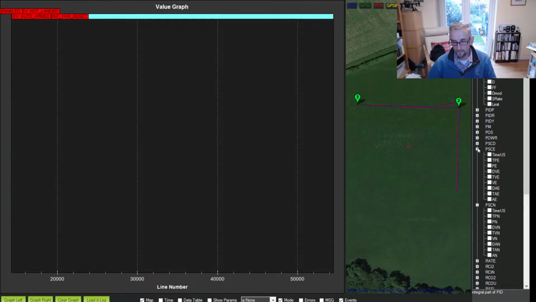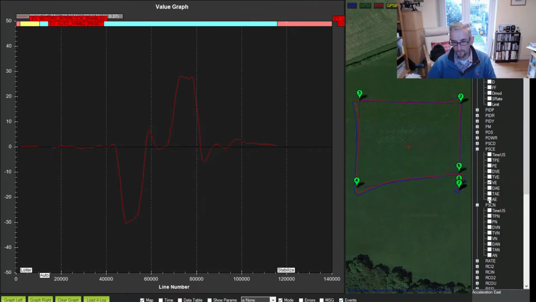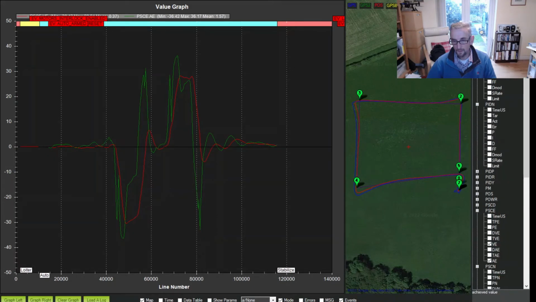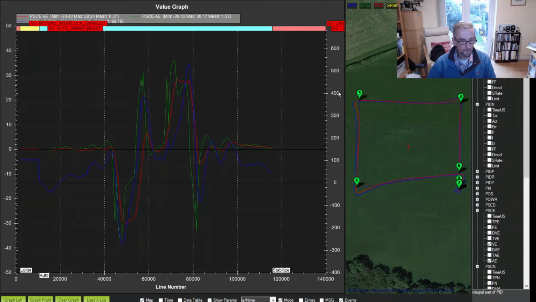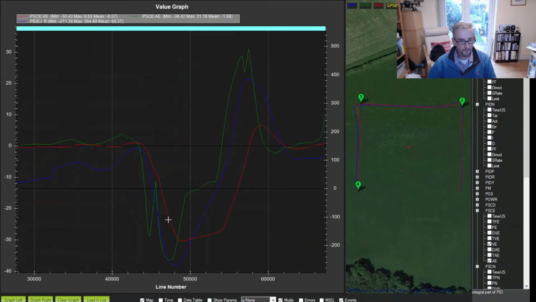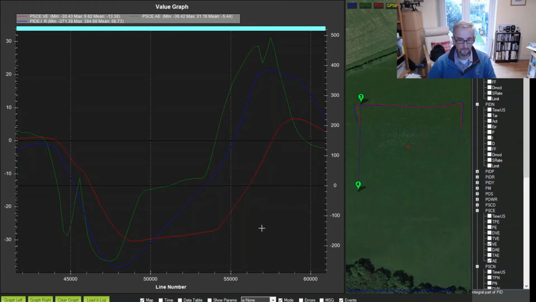Okay, so position controller east, velocity east, acceleration east, and then PID I in the easterly direction. You can see this is effectively this leg as it accelerates and decelerates into the leg, and then accelerates once more.